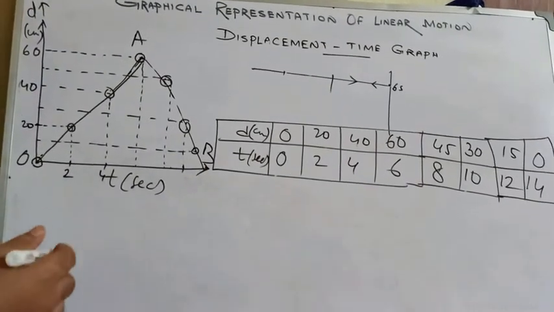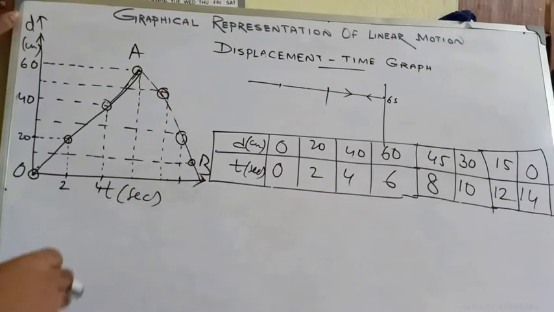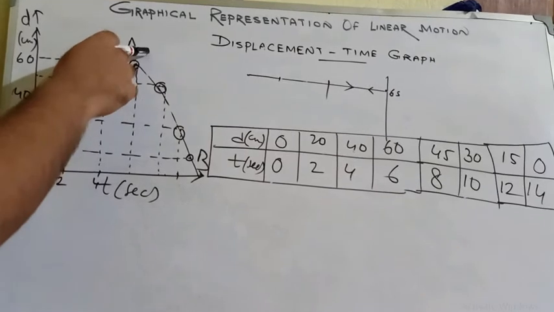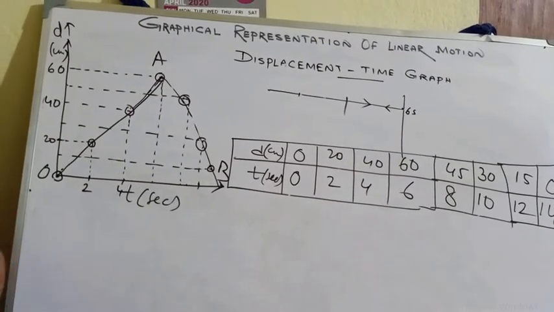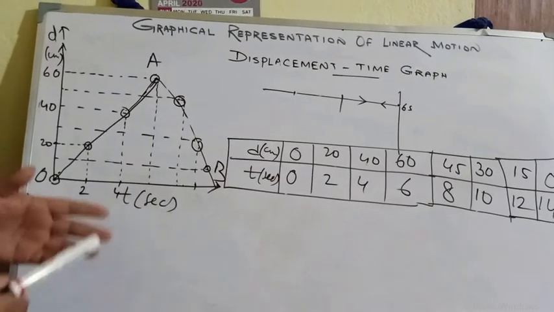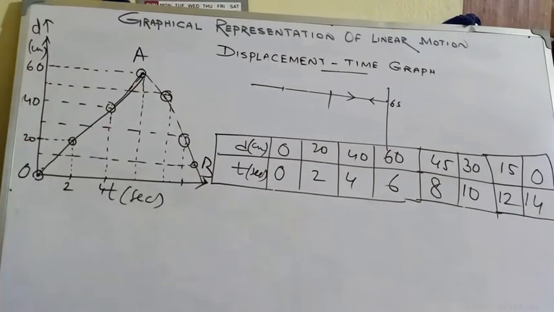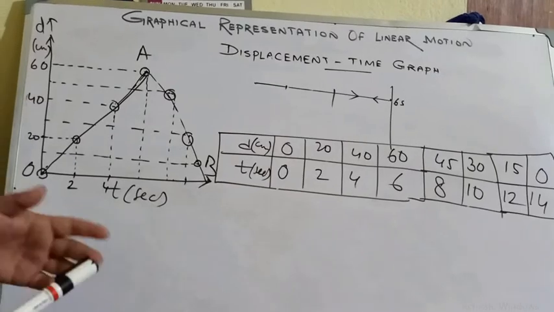Okay, towards the original point. See, here the slope is positive, and that's why it represents the uniform motion of the ball moving on the smooth plane with velocity.